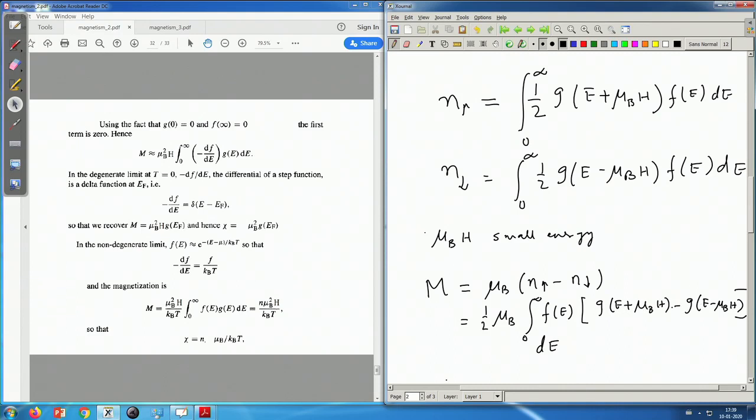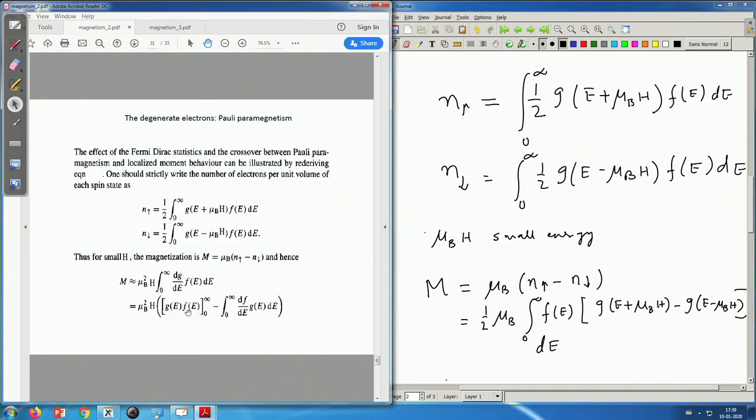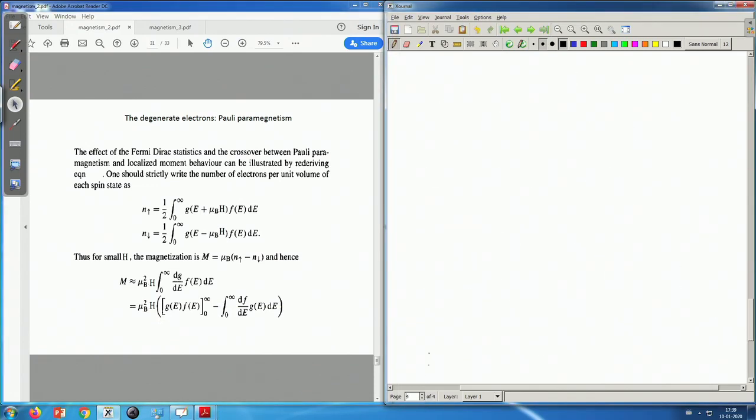So, for these two, if you do a Taylor expansion and subtract, then you will get this term. G(E + μB H) can be Taylor expanded, as I said, since μB H is very small: G(E) plus μB H times G prime of E, the derivative. Okay.